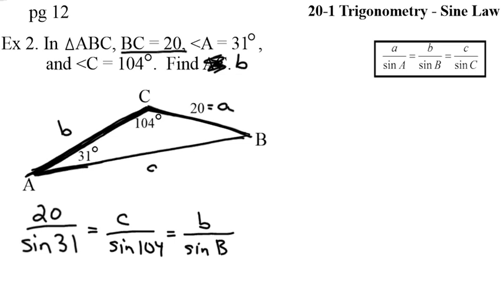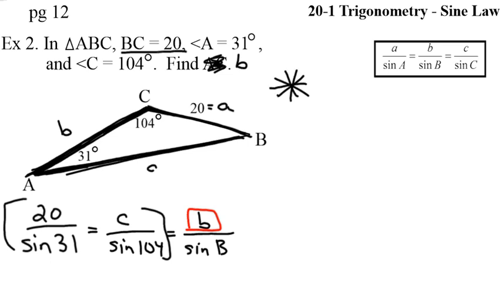And the problem is, that's the unknown that we want. So I could figure out what C is by the sine law, but that still isn't going to help me figure out what B is. Problem here is some students think we don't have enough information.